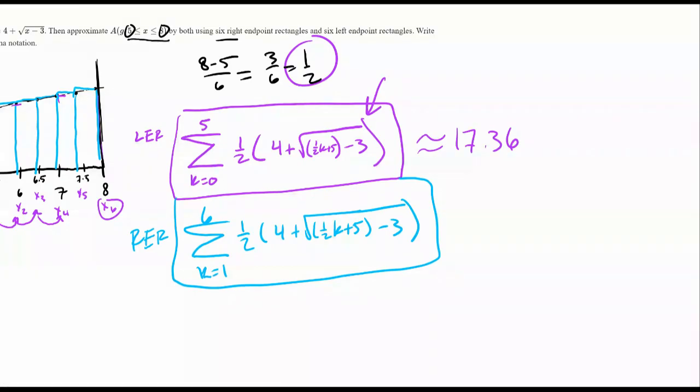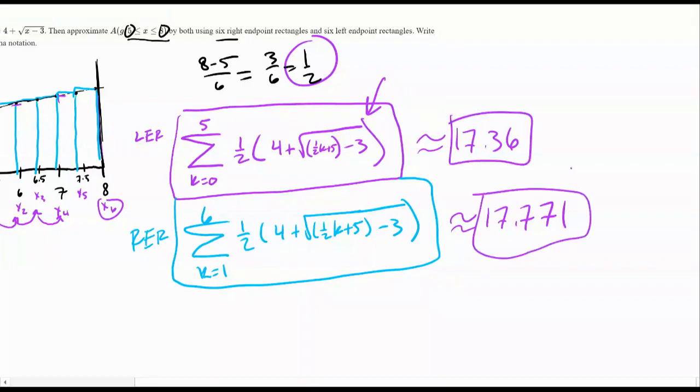For the right endpoint, I get about 17.77, I think, when I plug that in. Yeah. I'm just plugging these into my calculator to get my values, because finding the 6 different areas would be a pain.